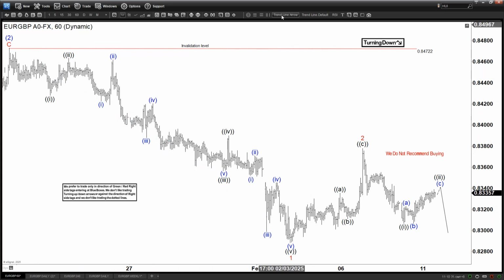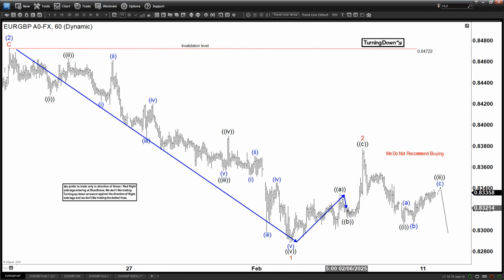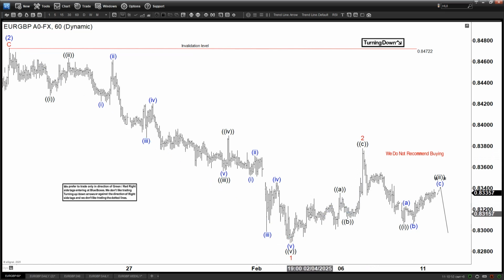This one looks impulsive, and this one looks corrective. I think it's very difficult for anybody to come up with a 5 waves up from the low here. This is definitely a much better way to count this rally as a 3 swing corrective rally rather than a 5 waves up.